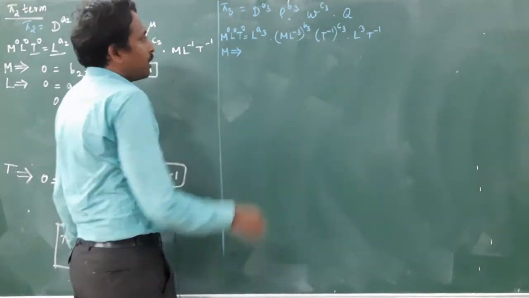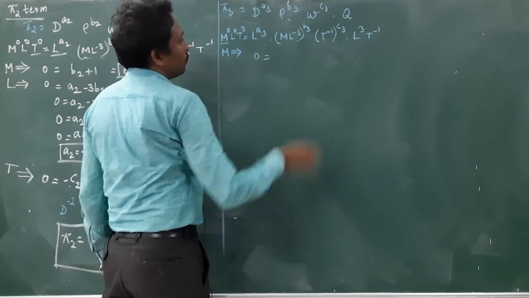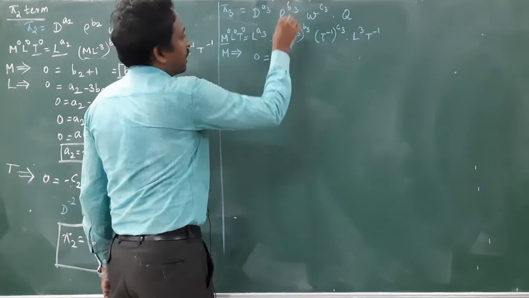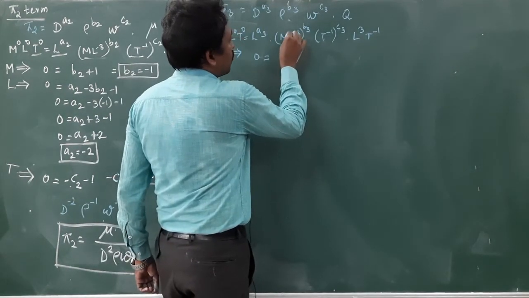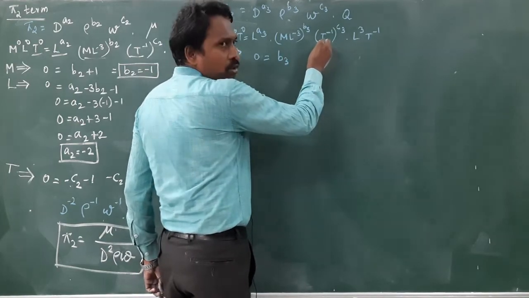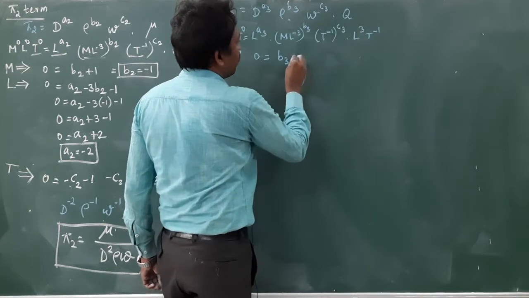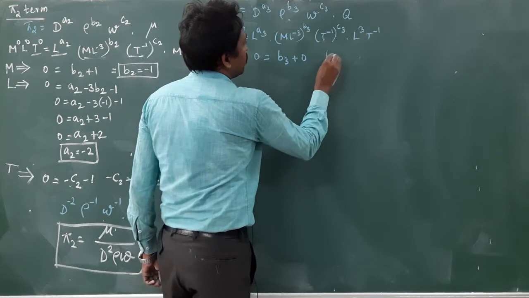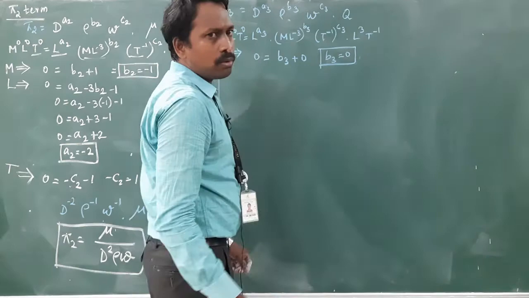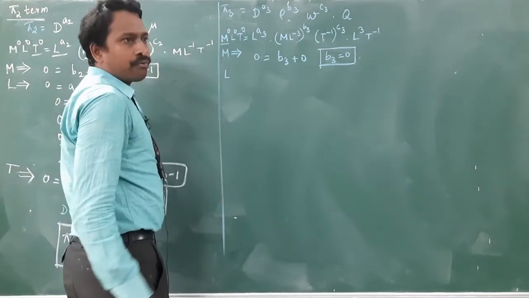From the left side the m power is 0, on the right side there is no m term for d, and m power is 1 whole to the power of B3, so B3. Here there is no m term, so B3 plus 0 equal to 0, then B3 equal to 0.